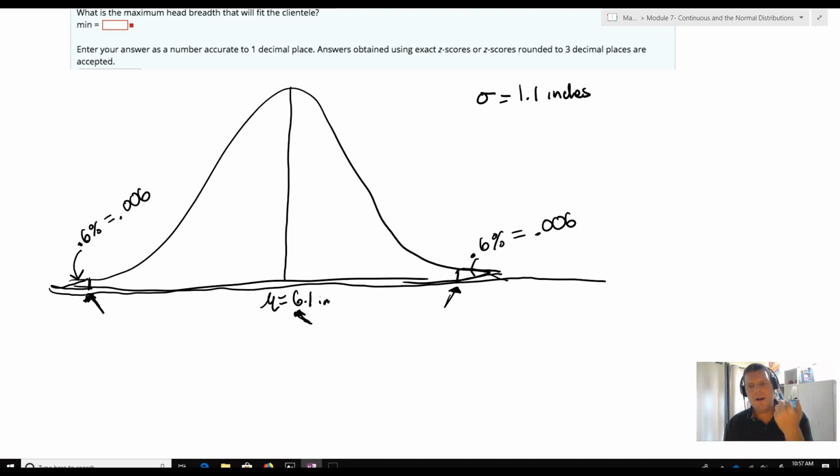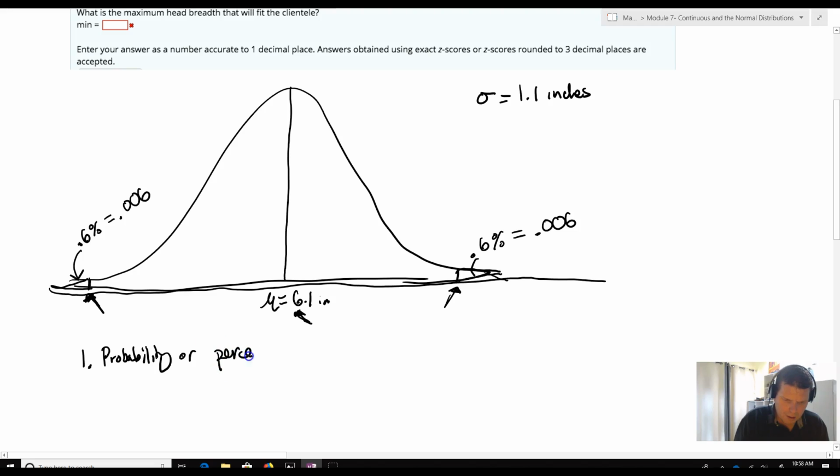So we're given a certain hat size or head size, and we're being asked for the probability. On the one hand, these are our two problems. One, we're given a probability or percentage, and with that one we want to find a value of the random variable, in this case a head size.